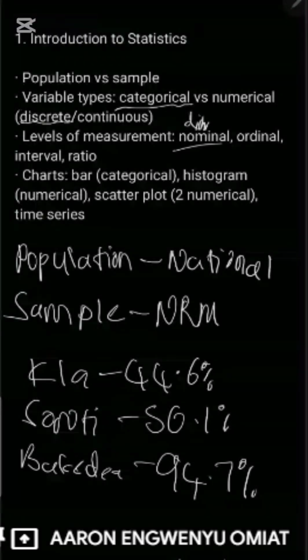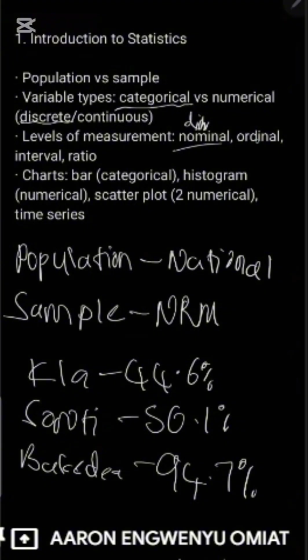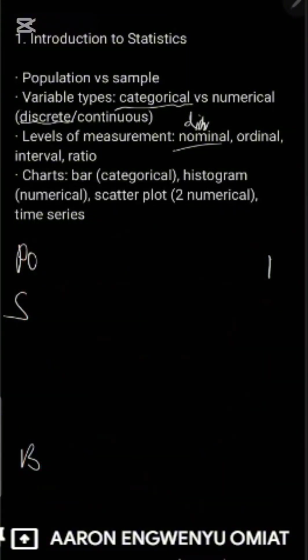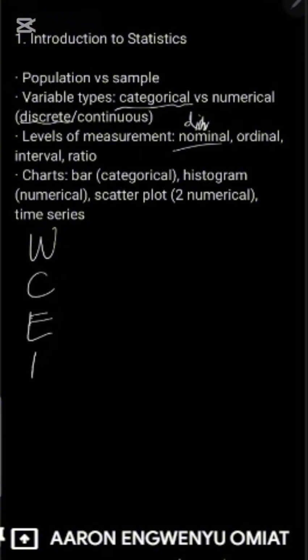If you look at ordinal, here we look at ordered lists. For example, if we were to rank the regions by voter turnout, what we would end up with is ordinal data. Say we have Western, Central, Eastern, and Northern.